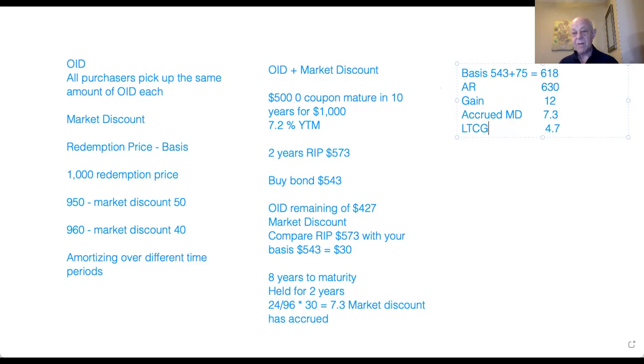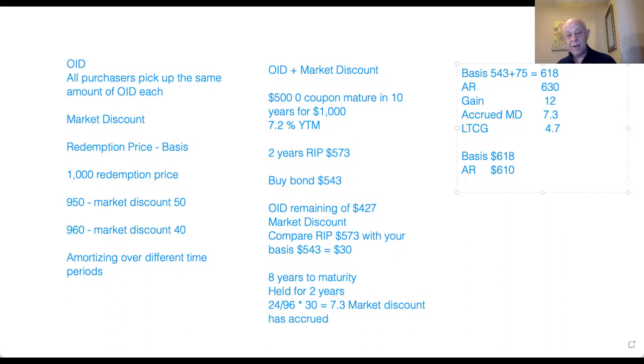If we sold the bond, let's assume, again, we have these numbers. So our basis is 618. And we sell the bond, the amount realized is 610.